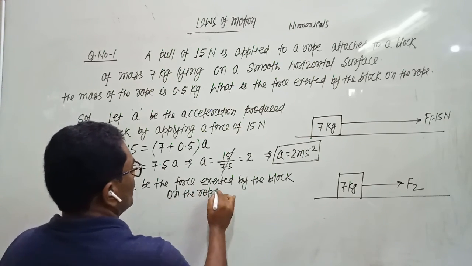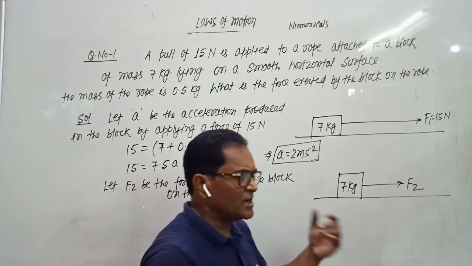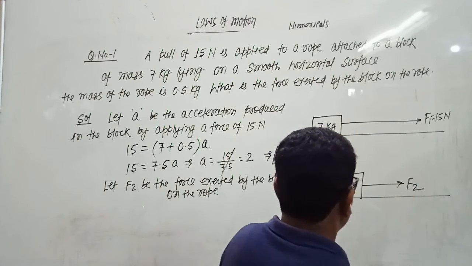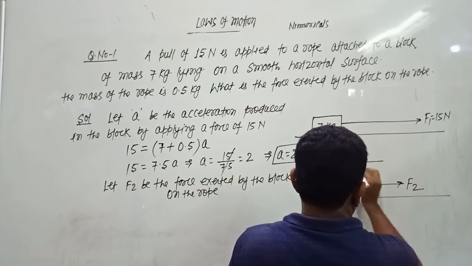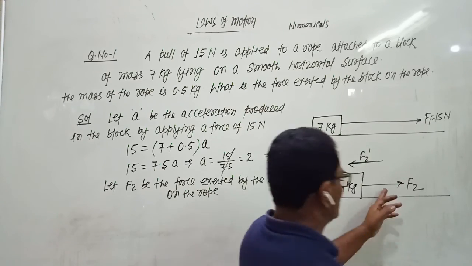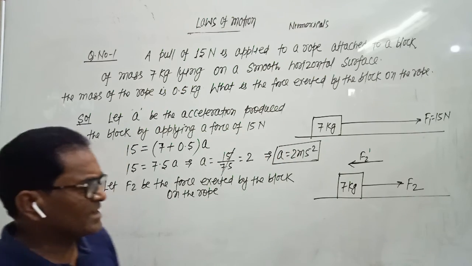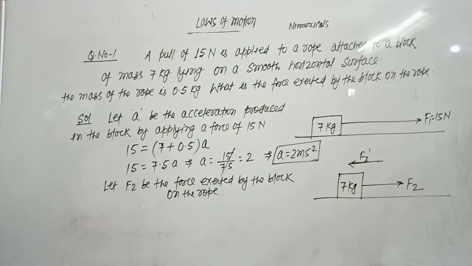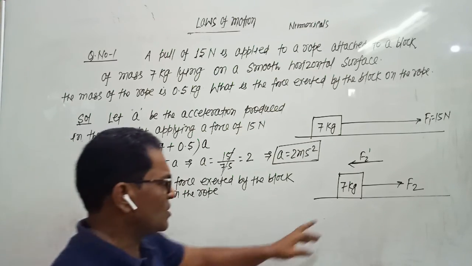The block will also exert a force, and it is F2, and the reaction force is F2 dash. From Newton's third law, the reaction force also acts, and these two forces must be equal to the mass of the block into acceleration.